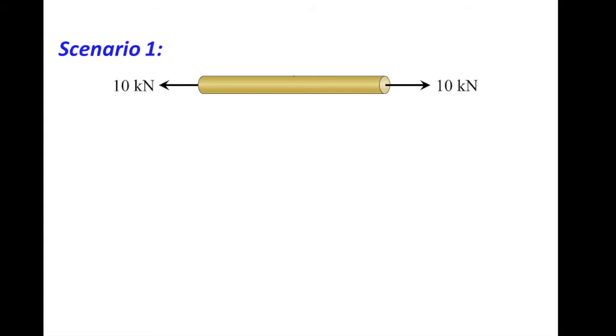Scenario 1. Imagine there is a solid shaft made of a certain material, and a machine starts to apply axial forces on it, and the force is gradually increasing. When the force reaches, say, just 10 kN, the shaft fails. It looks like this 10 kN is a very critical value, since it marks the point of failure for this material.